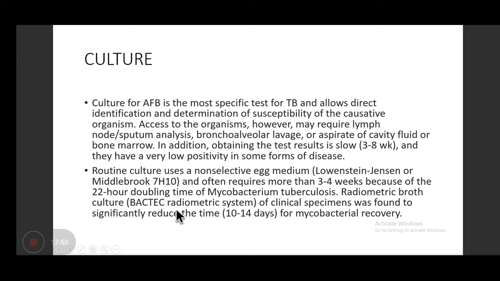Radiometric broth culture, that is the BACTEC radiometric system, was found to significantly reduce this time for mycobacterial recovery. This is a new method that reduces the time to about 1 to 2 weeks, 10 to 14 days. So this is better than our conventional LJ media and Middlebrook medium. So now we can use BACTEC.